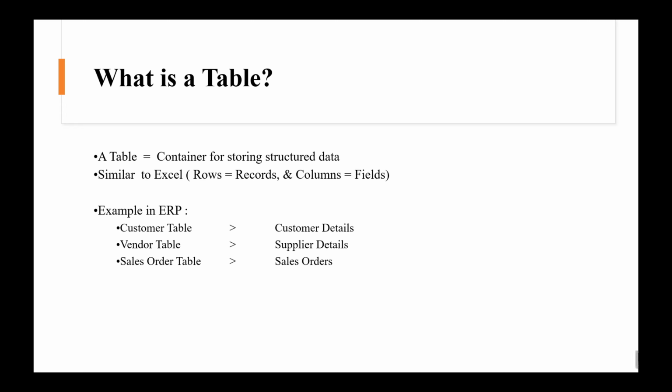If you have ever used Excel, you know that Excel has rows and columns. The columns are like fields, for example customer name, address, phone number, and so on, and the rows are like the records. So each row stores the details of one customer.